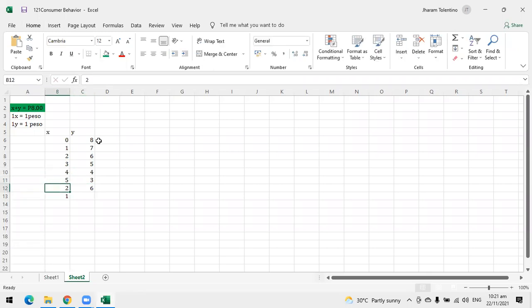This is 3, 6, 2, 7, 1. So when we use this formula, and we know that X and Y are one peso each, this is what we get.